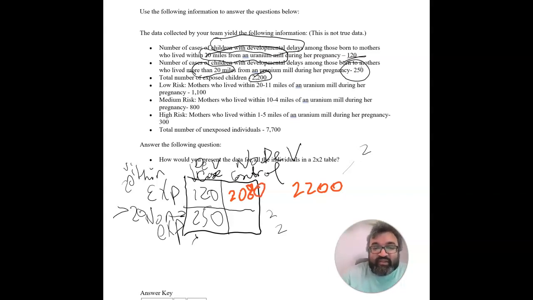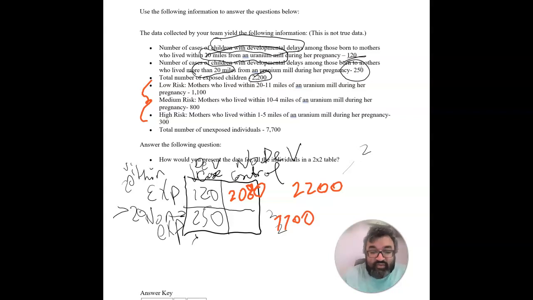So then, looking at some of these other numbers, just to give you some insight here, these are really not needed. What you need to do is take a look at the total number of unexposed individuals. And the total number here is 7,700.